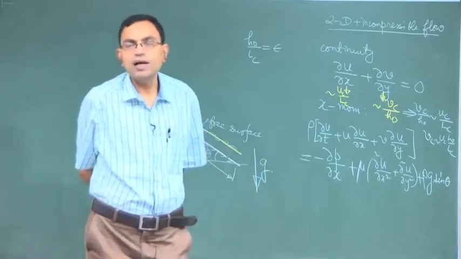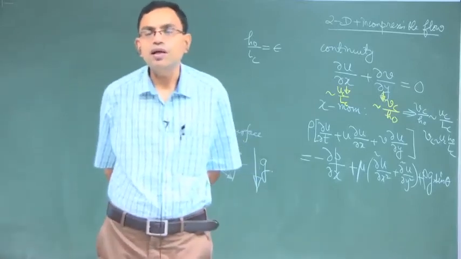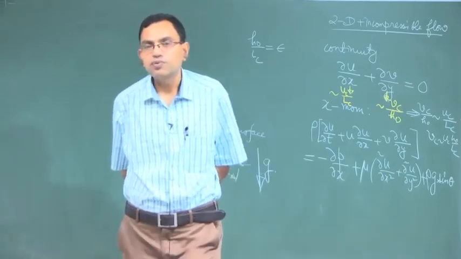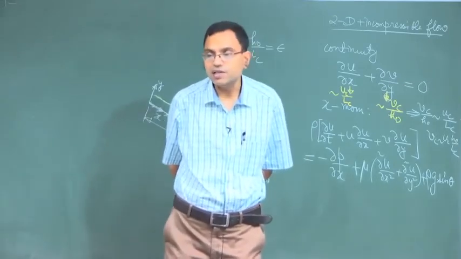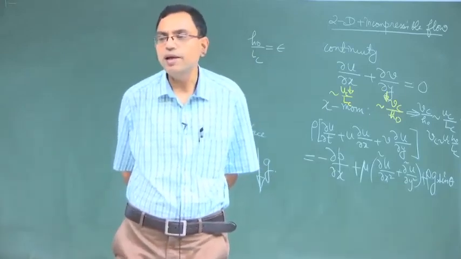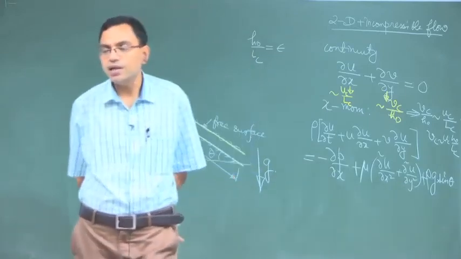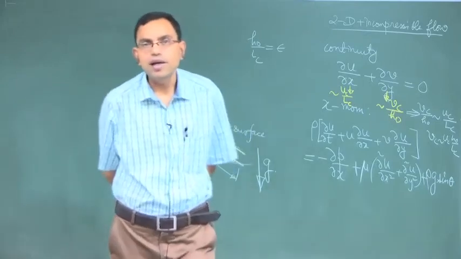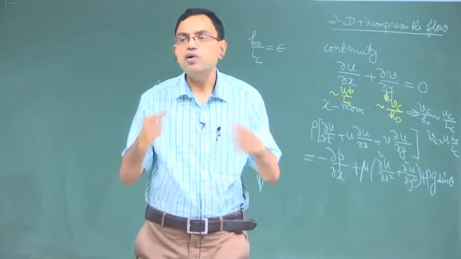Actually the theory that we are going to follow in thin film dynamics is a specialization of the general asymptotic theory in mathematics, and in asymptotic theory you require a small number based on which you make an asymptotic expansion.